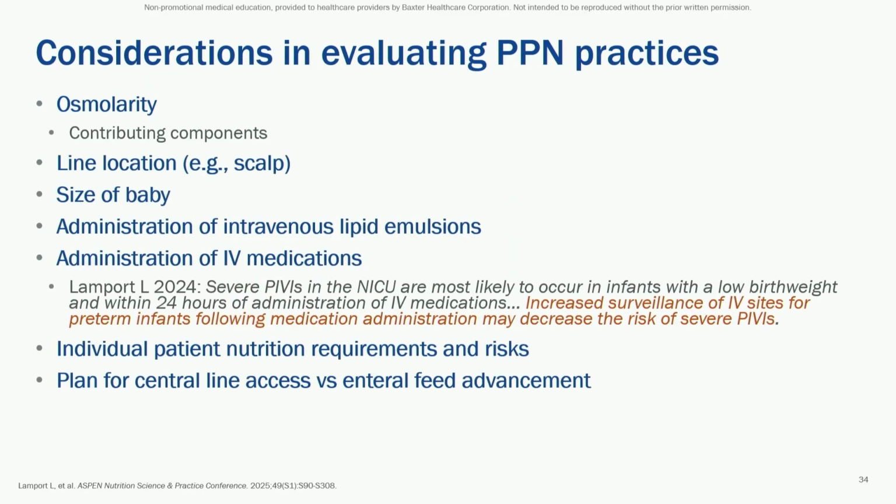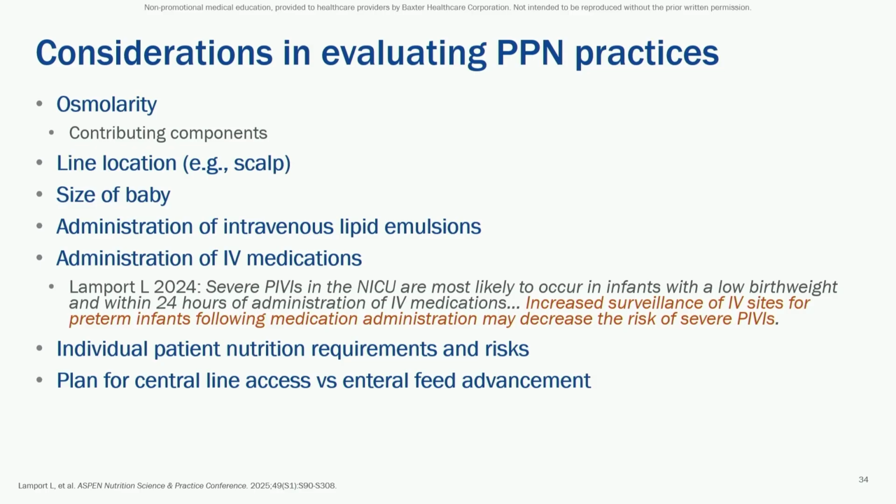So, considerations in evaluating our PPN practices. Osmolarity is definitely important, and perhaps we should evaluate individual components when we're putting together our PPN. Perhaps we want to consider line location, although there has not been consistent evidence that line location is going to drive line-related events, but perhaps we are a bit more conservative when it's an IV in the scalp.